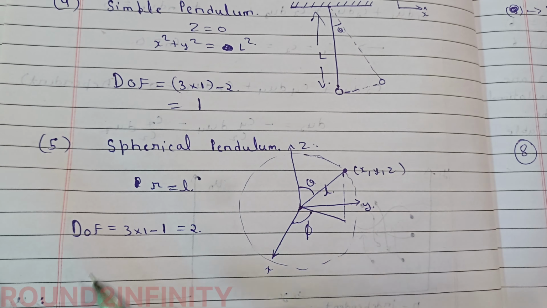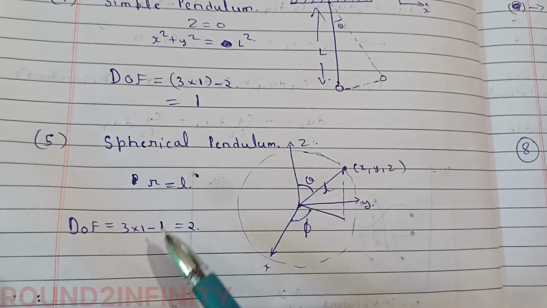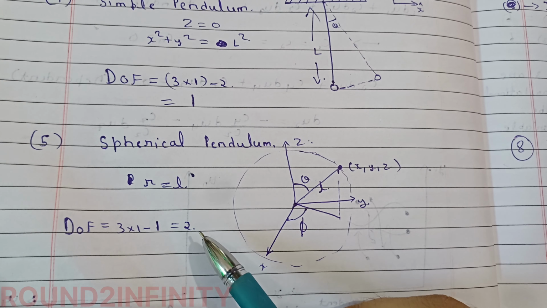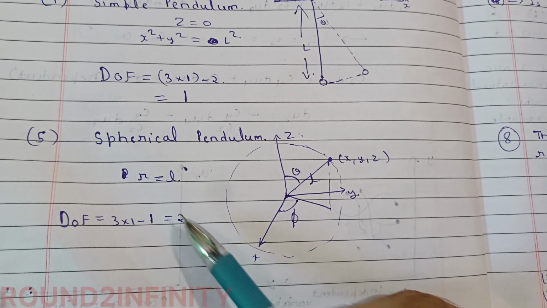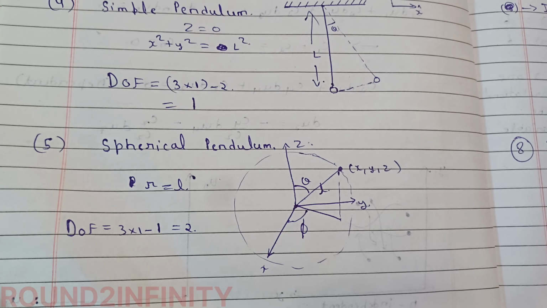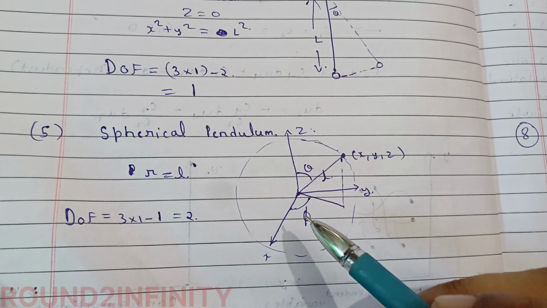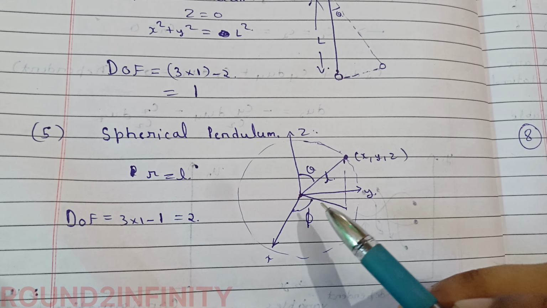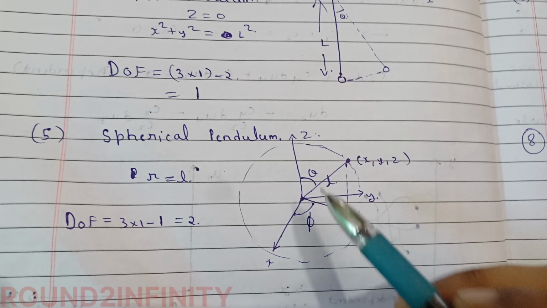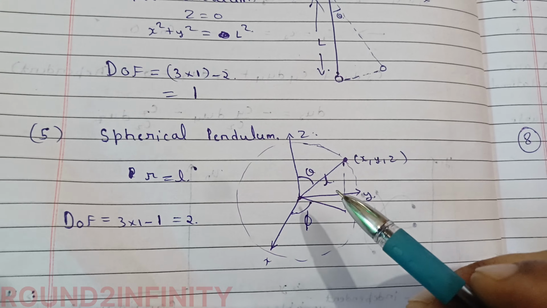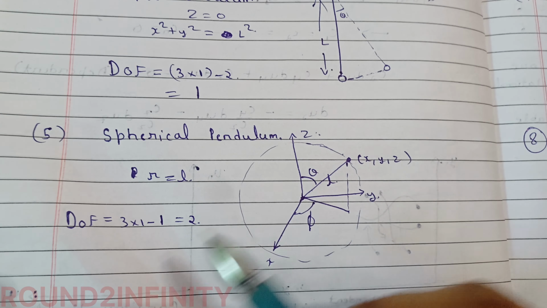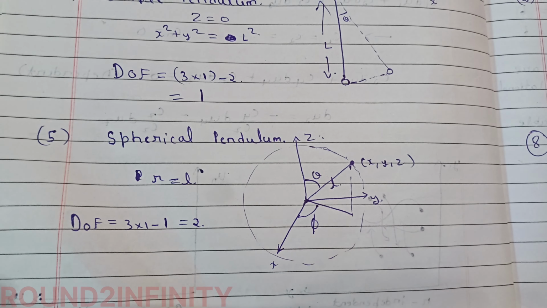So total degree of freedom will be 3n, n is 1, 3 minus 1 will give you 2. So two independent variables are required to describe the motion of this bob. See, this theta and phi angle we know in the spherical coordinate system, we have r, theta, phi. So r is fixed, then theta and phi can be varied. So only two variables are there, so that's how you can find that this will be the same, 2.